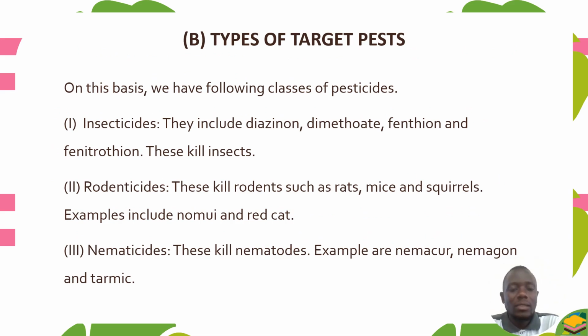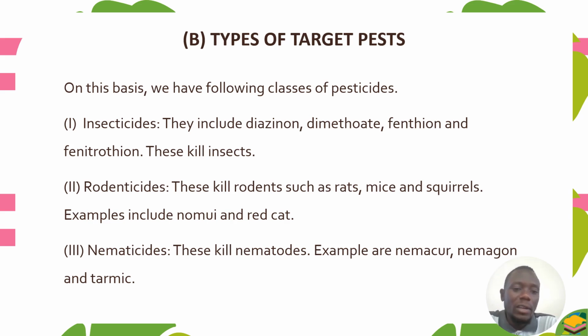Then let's go to types of target pests. On this basis, we have the following classes of pesticides. The first one is insecticides.